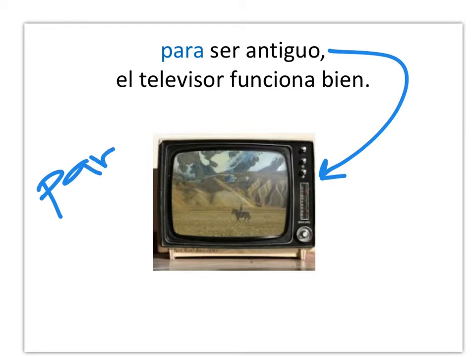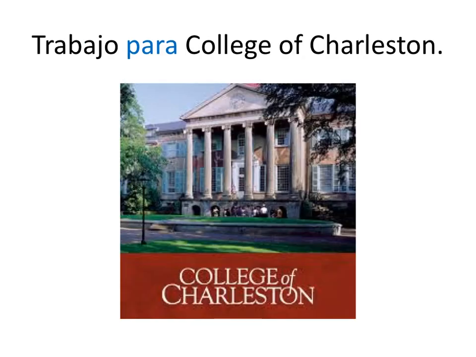And I like to use the word paradox because it is a contradiction and it has the word para in it. Para is used with an infinitive to state that something is contradicting itself. So careful, because you can use por with infinitives as well when we're providing a reason or an explanation. But if it's a contradiction, like a paradox, you use para with the infinitive.